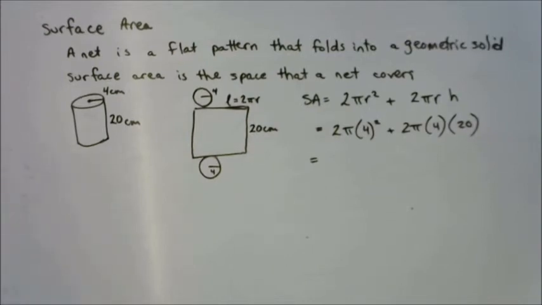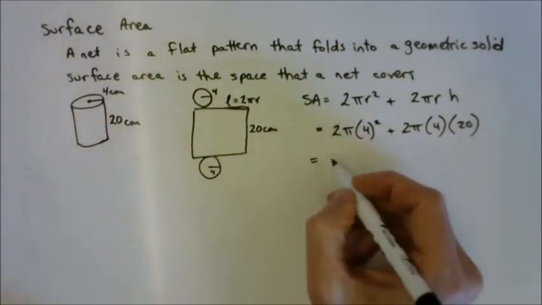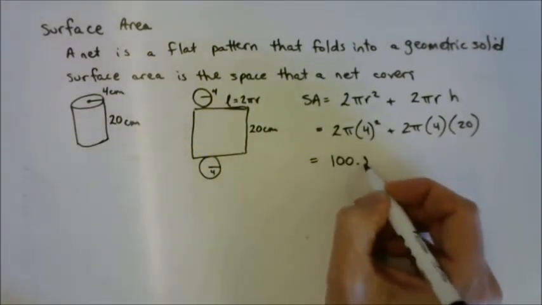Who's got 32 times pi? Who's got it? 100.53. Okay, so 100.5.